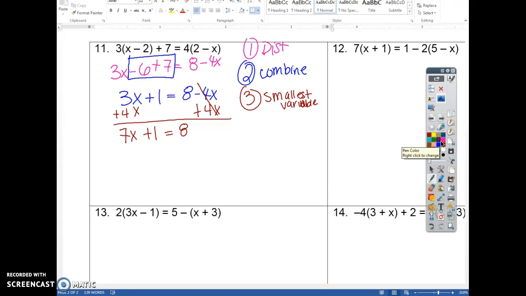Yes, you have to change the 1, but your next step is C-do, right? So if you do C-do, what's the first thing that's happening to the x? It's being multiplied, right? It's being multiplied by 7. And what's the opposite of multiplication? Division, right?